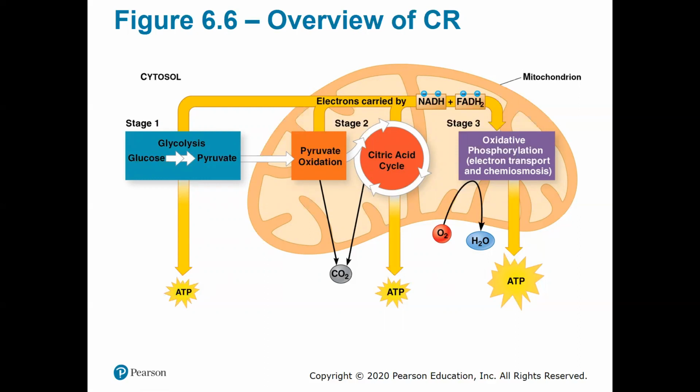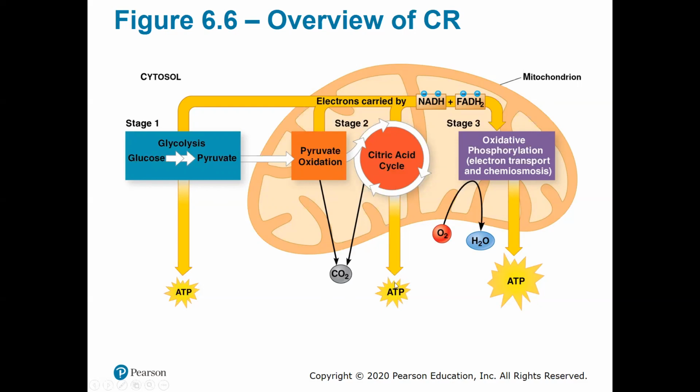Pyruvate is small enough now to be able to travel into the mitochondria where it can undergo oxidation and then enter into the citric acid cycle. The citric acid cycle is where carbon dioxide is created, which is a waste product in cellular respiration.